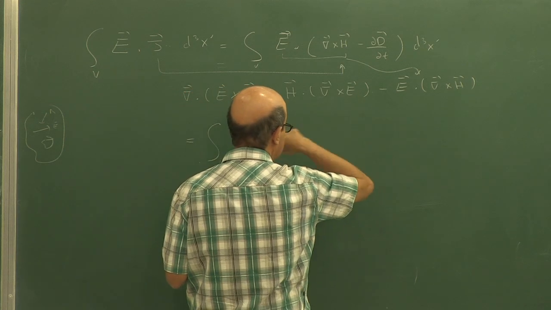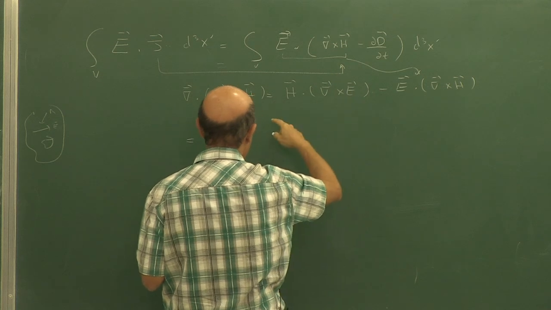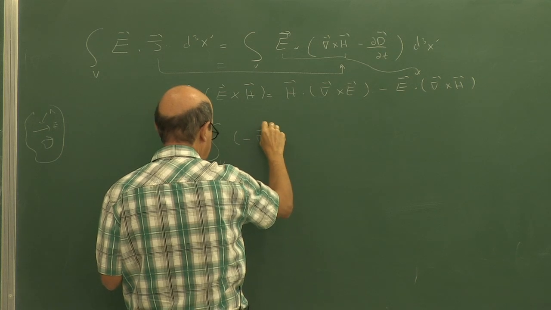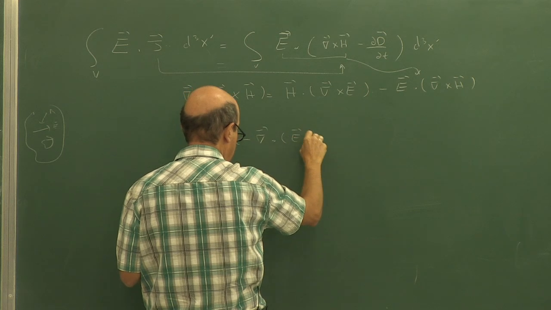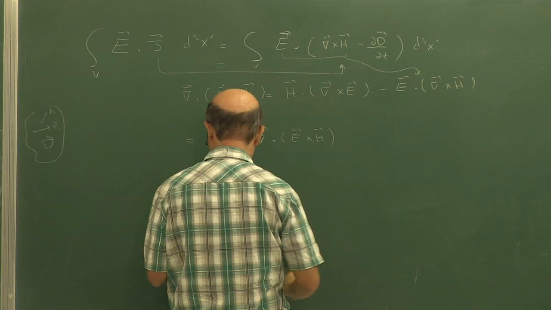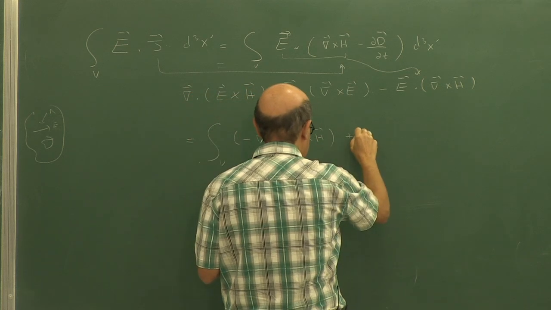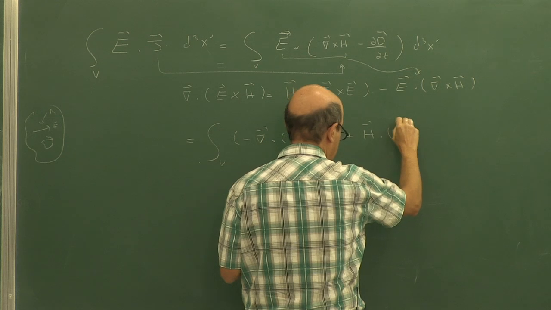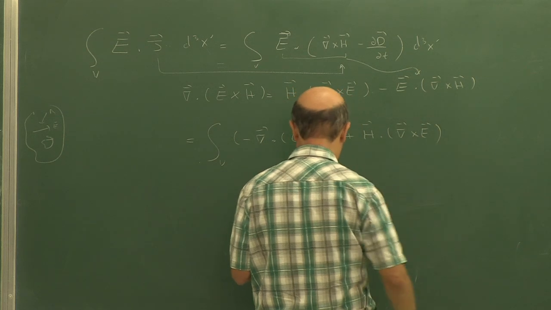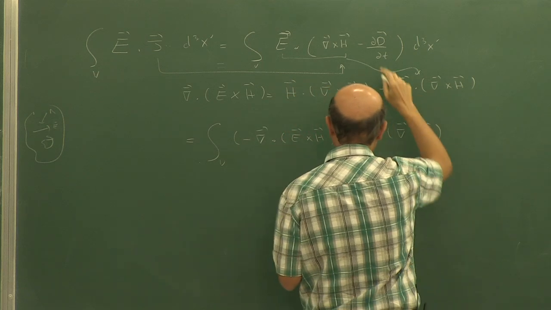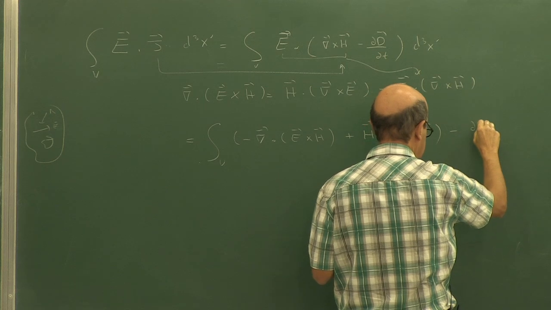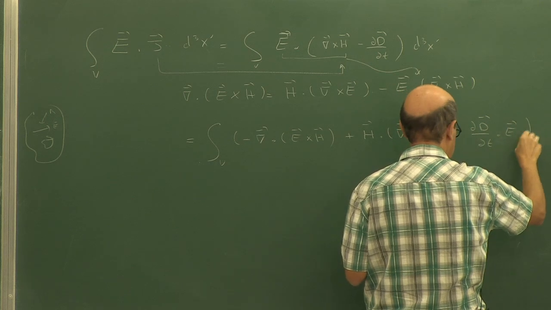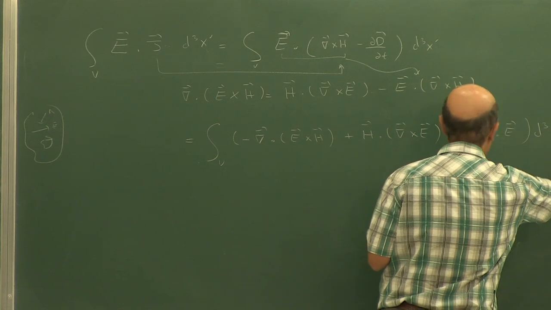Instead of E dot curl of H, take this and put it in, and you will get minus divergence of E cross H plus H dot curl of E, and the last term is del D over del t dot E, integrated through the volume.